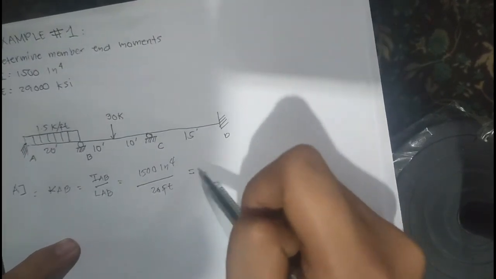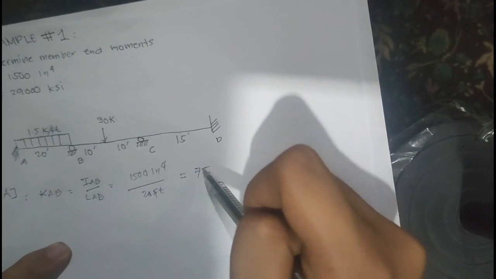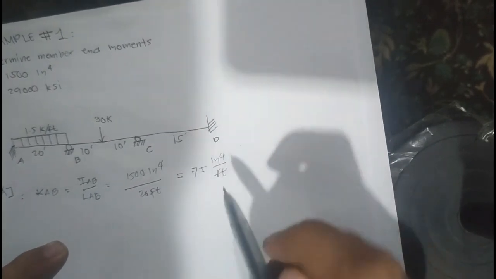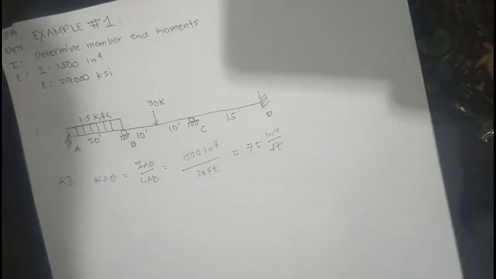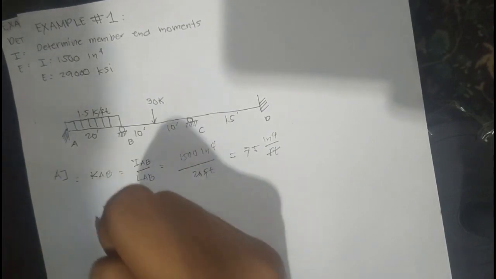The answer is 75 inch to the 4th per foot. That is our KAB.